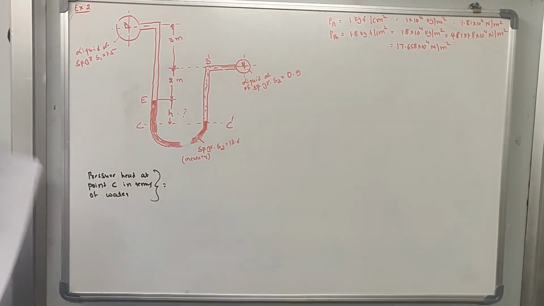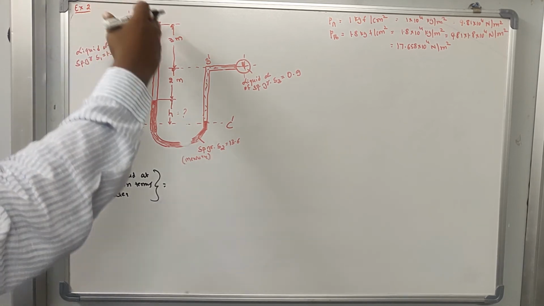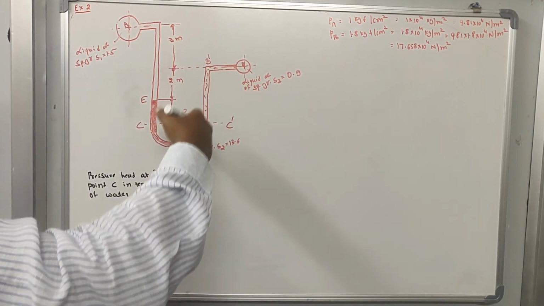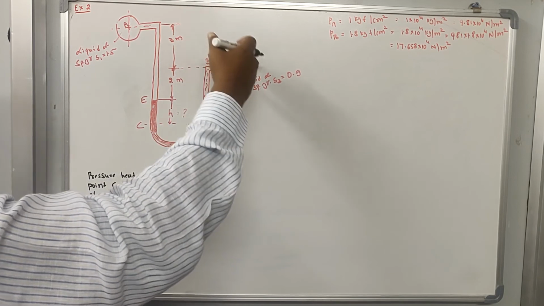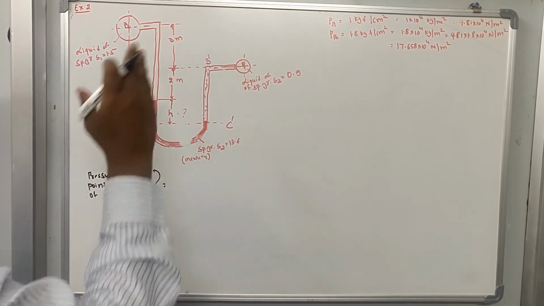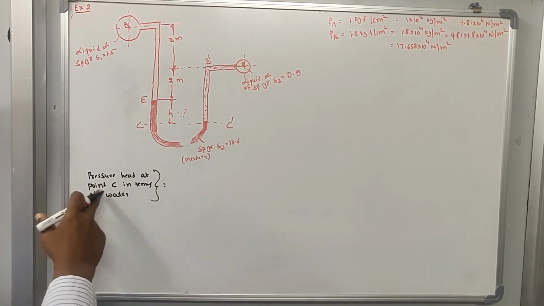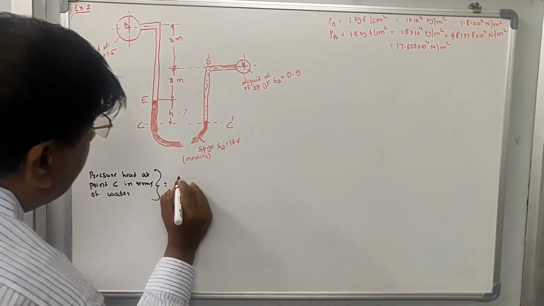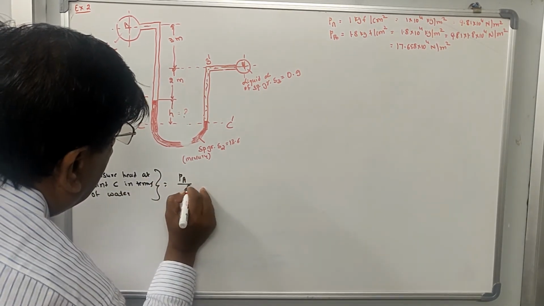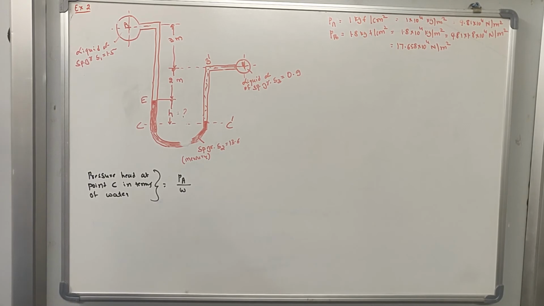Now you can start developing the gauge equations in terms of water, instead of developing the gauge equations in terms of the fluids flowing inside point A, inside point B, and the barometric fluid. So pressure head at point C in terms of water is PA by W.